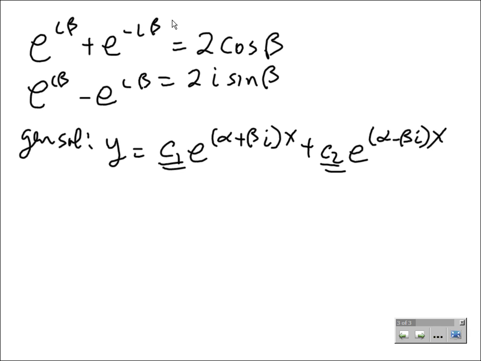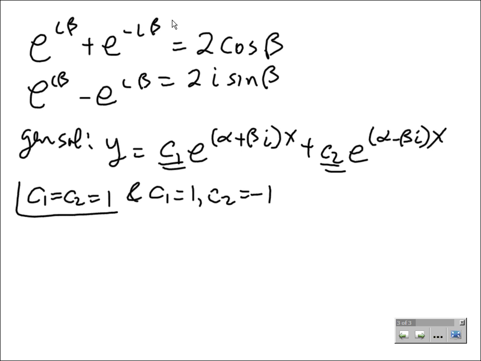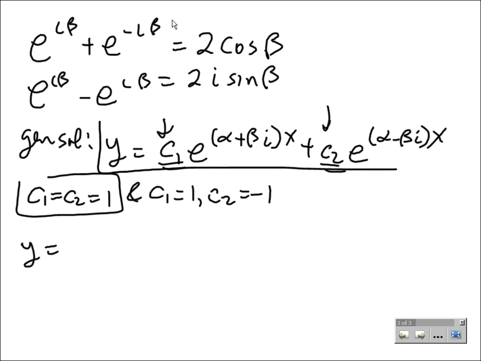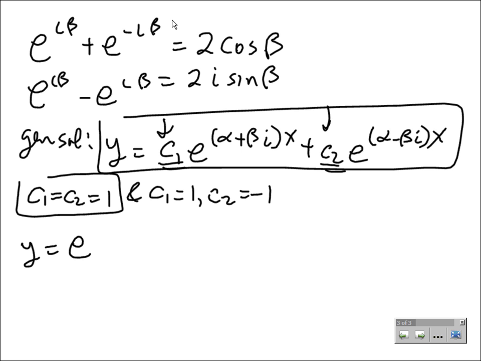Well, what if I let c1 equal c2 be 1, and another time I let c1 be 1, but c2 be negative 1? So let us look at this case for right now. So c1 and c2 are 1. That is copying this, except c1 is 1 and c2 is 1. I get y is equal to e to the a plus bi x plus e to the a minus bi x.